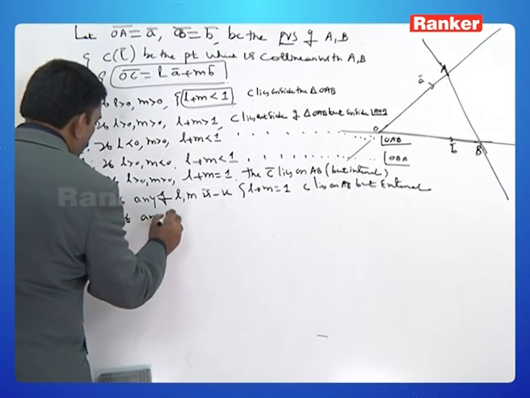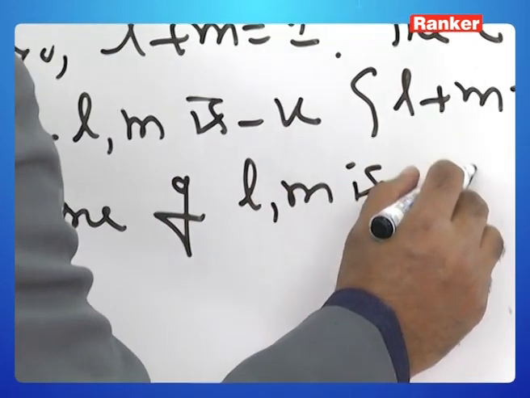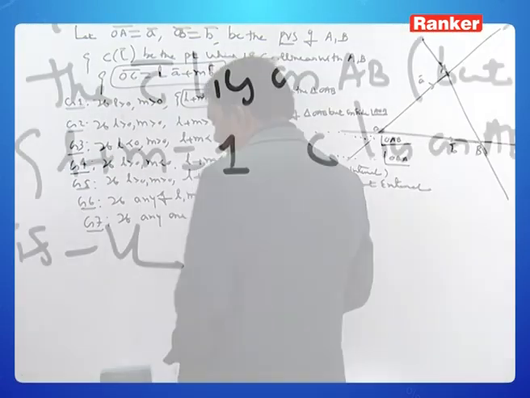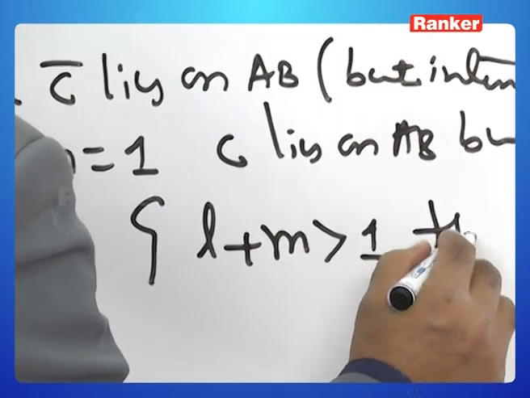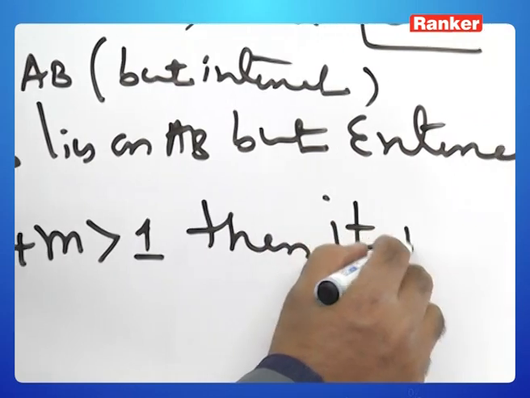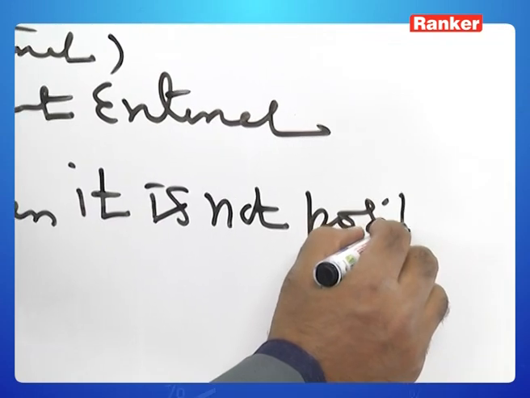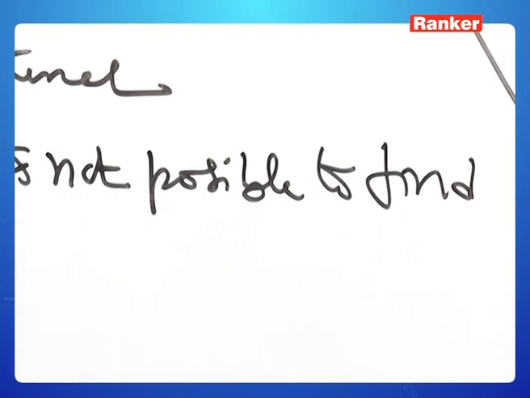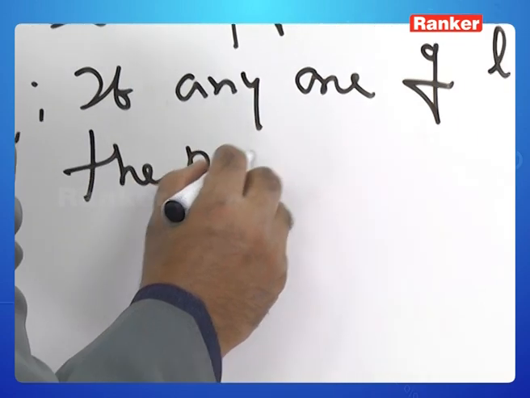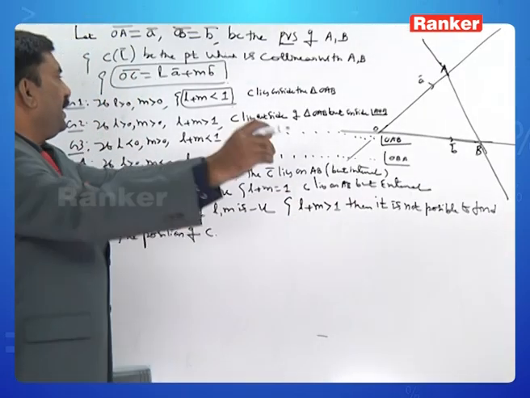If any one of L comma M is negative and L plus M greater than 1, then it is not possible to find the position of C. Now let me explain.